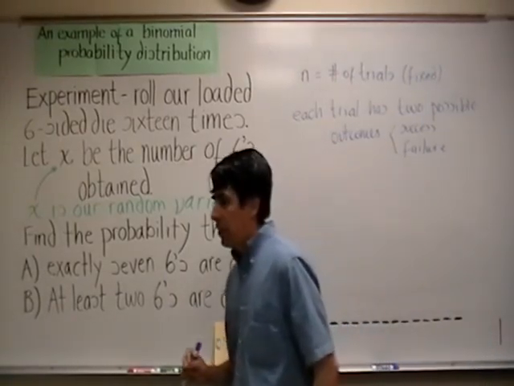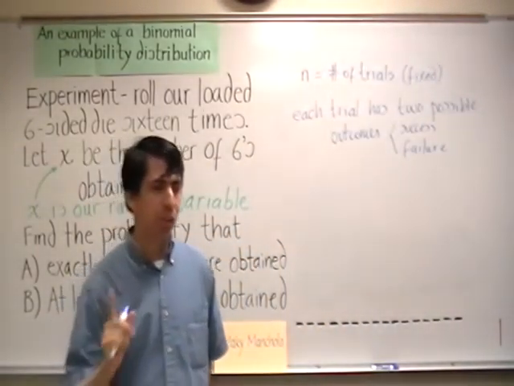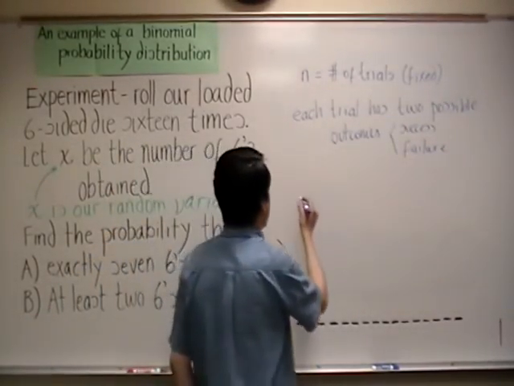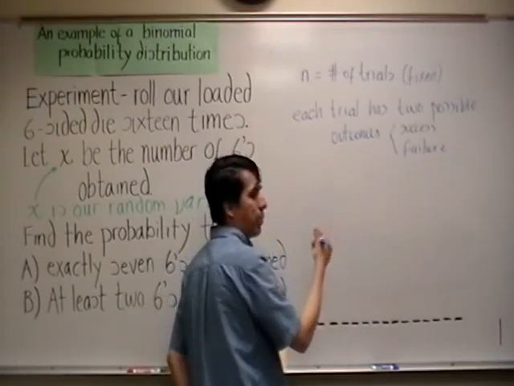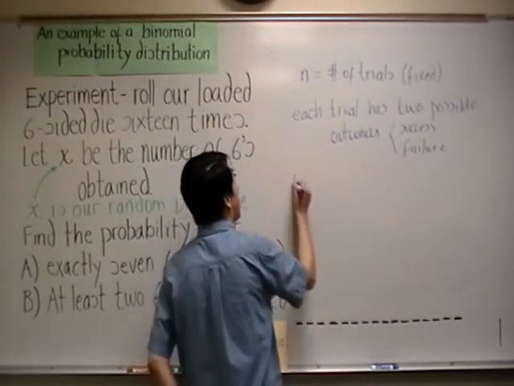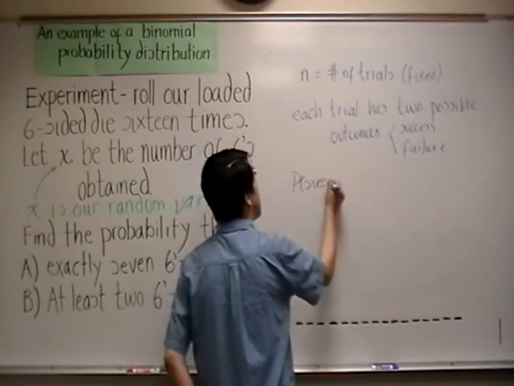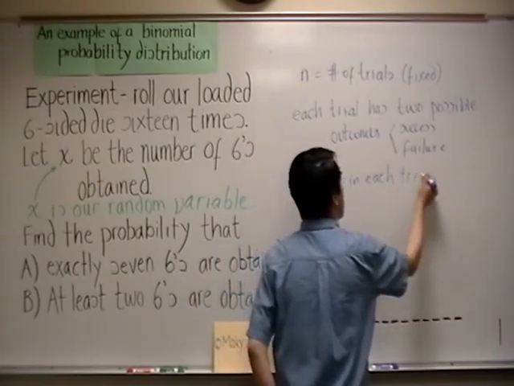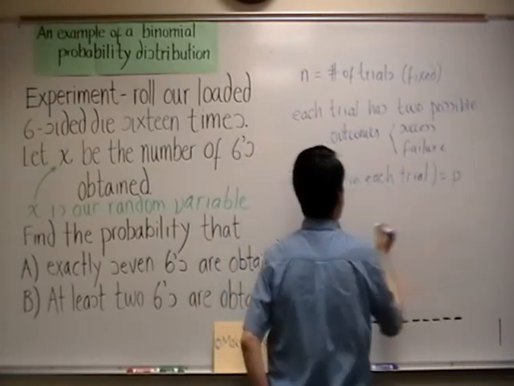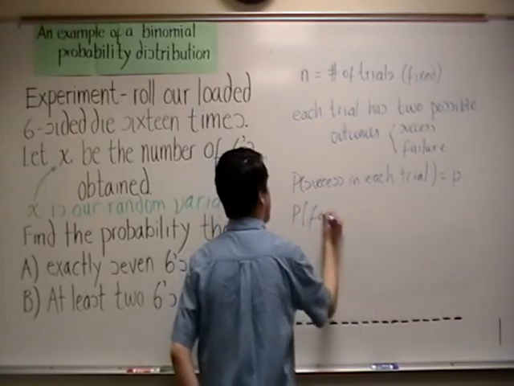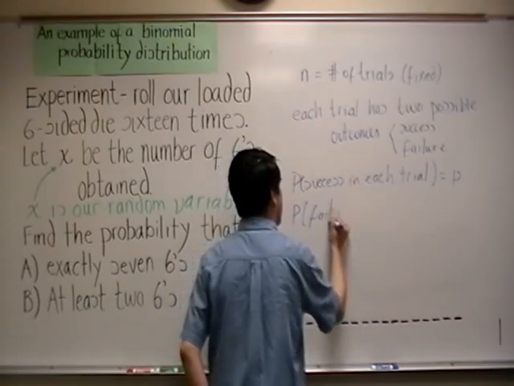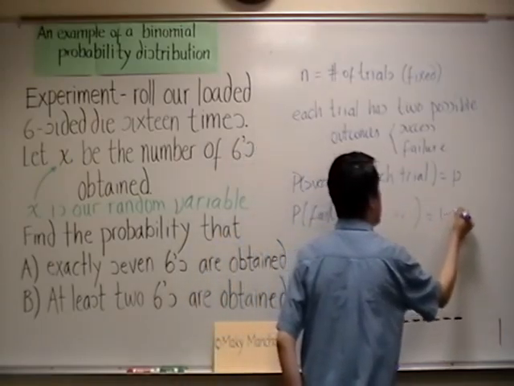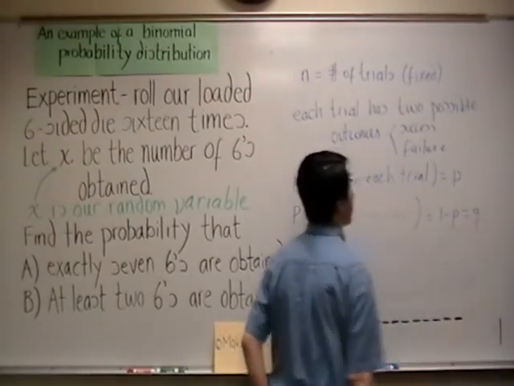Now, in our problem, the probability of success was 0.4. I called it p. So here I'm going to call the probability of success p and the probability of failure q. So the probability of success in each trial equals p, and the probability of failure in each trial equals 1 minus p, which we call q.